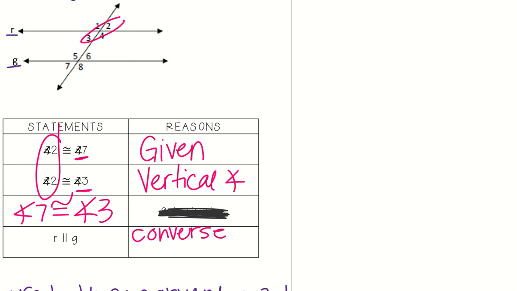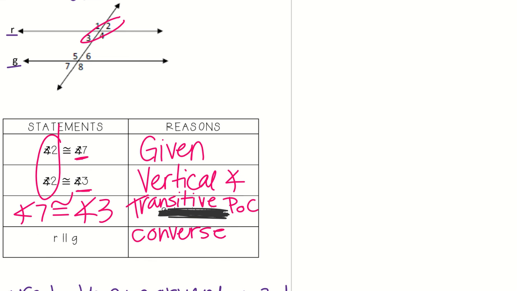Okay? So the property we just talked about at the beginning that told me that if two things are congruent to a third, they're congruent to each other, was the transitive property of congruency. So I'm just going to put transitive POC. Okay?